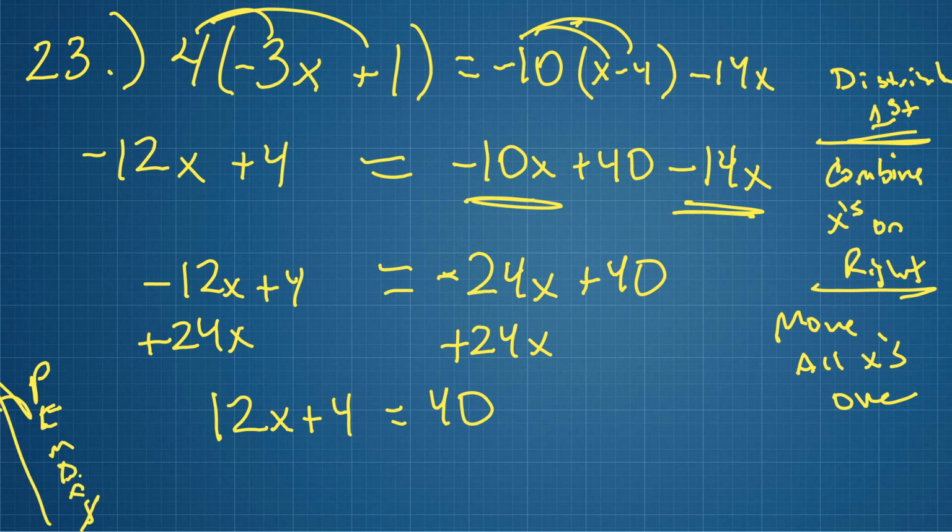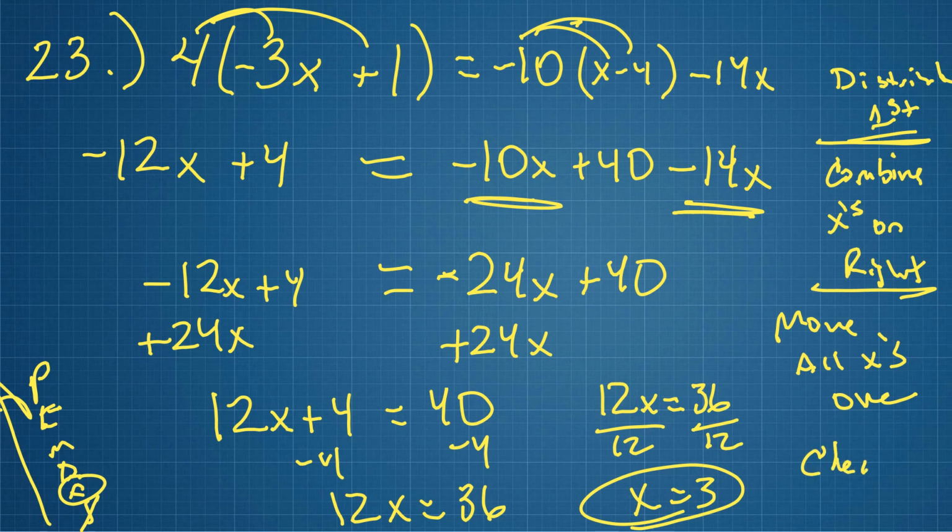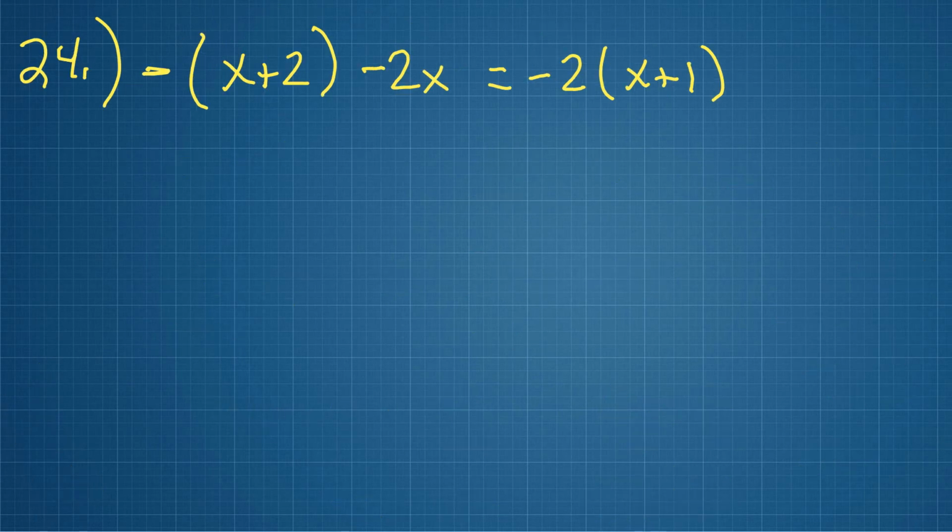There's no subtraction. Oh, there's addition. That's why I subtract 4 from both sides. I get 12x equals 36. I divide both sides by 12. I get x equals 3. Now remember, you can check your work. Alright, if you plug it in, it is going to work. So 23 is x equals 3.